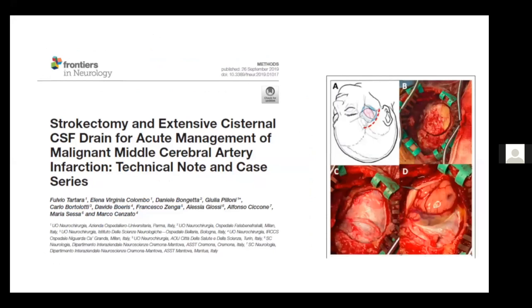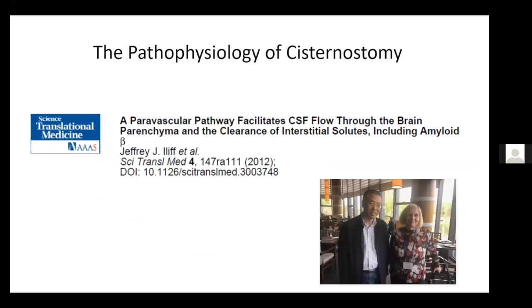Cisternostomy is also used in stroke and brain infarction, especially malignant middle cerebral artery infarction. I also use cisternostomy in this surgery for middle cerebral artery infarction, and it also has good results.